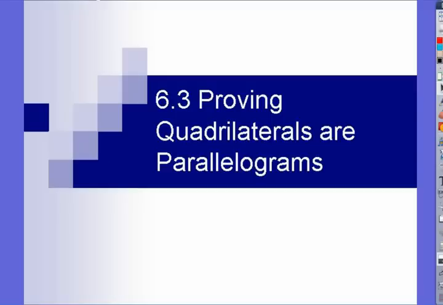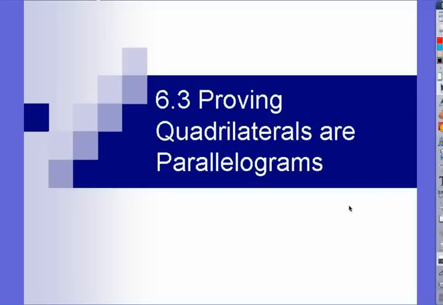So we did the converse of each of those. Same relationship we're looking at here. In section 6.2, we said if we've got a parallelogram, then we get a bunch of these relationships, right? 6.3, we're saying we can prove that a quadrilateral is a parallelogram if those relationships exist. We're just turning the theorems around, doing the converses.